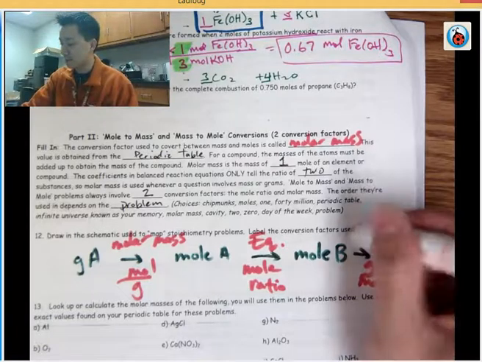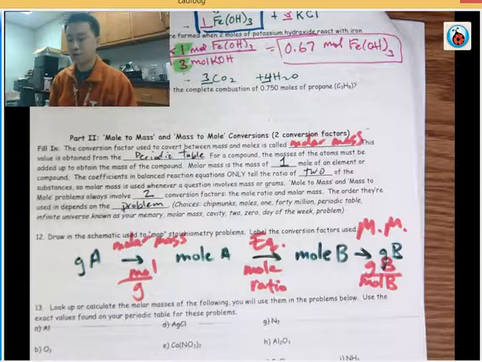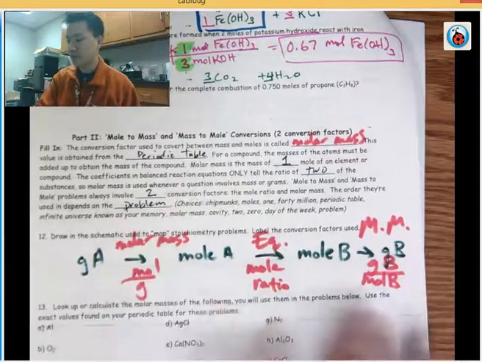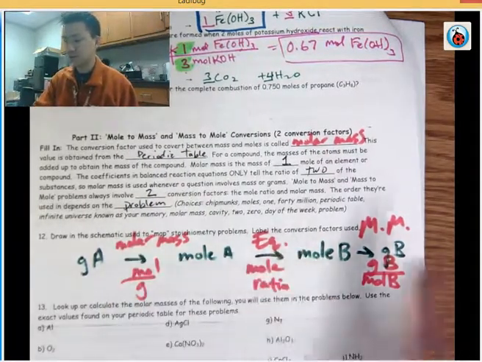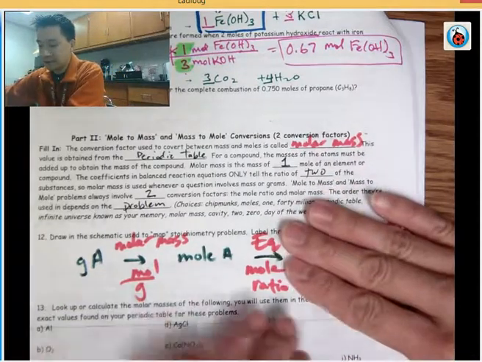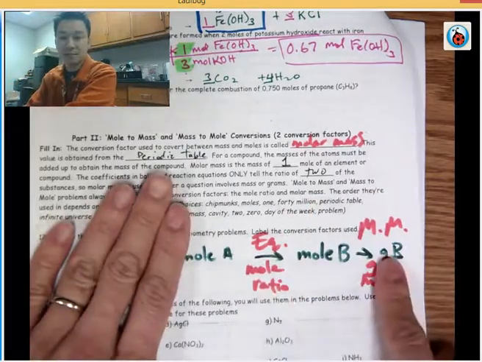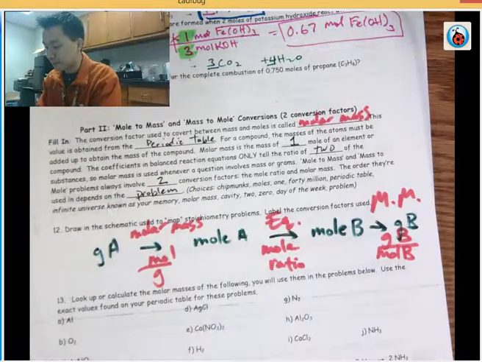And this is molar mass again. So, at most, you're going to eventually do all 3 steps: molar mass, mole ratio, molar mass. But today, we're either going to do molar mass, mole ratio, or mole ratio, molar mass. One end or the other. Okay, just 3 steps here.